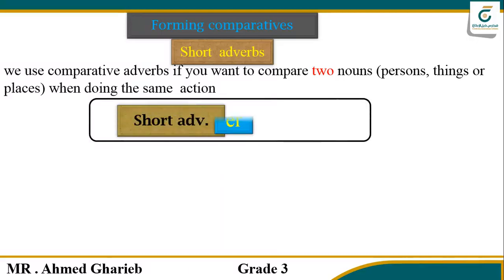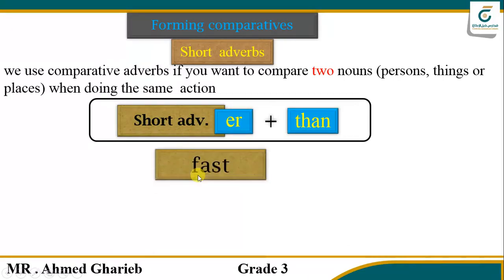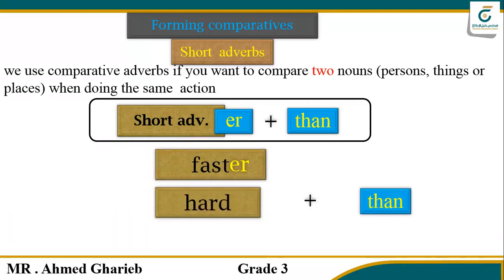So as you see, we add er plus than to the short adverb. For example, fast, faster than, hard, harder than, long, longer than. Just er plus than.